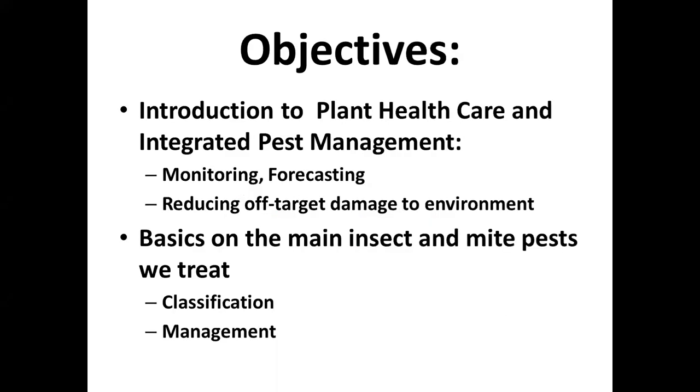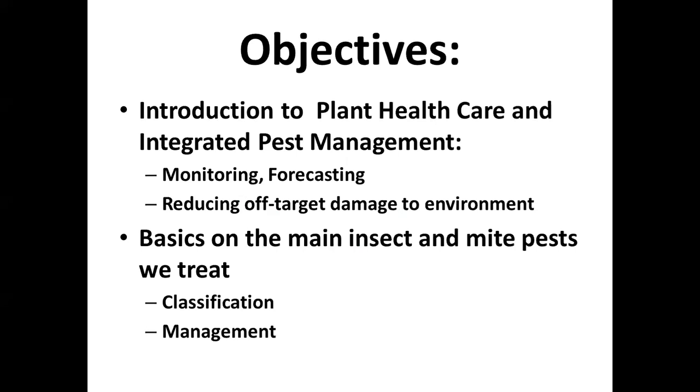So the objectives today, we're going to look at what is plant health care and integrated pest management. If those terms seem like a bunch of jargon, they kind of are, but we'll unpack what that means. It's all about monitoring and forecasting what's going on with pests or diseases in the landscape and how we reduce that off-target damage to the environment.